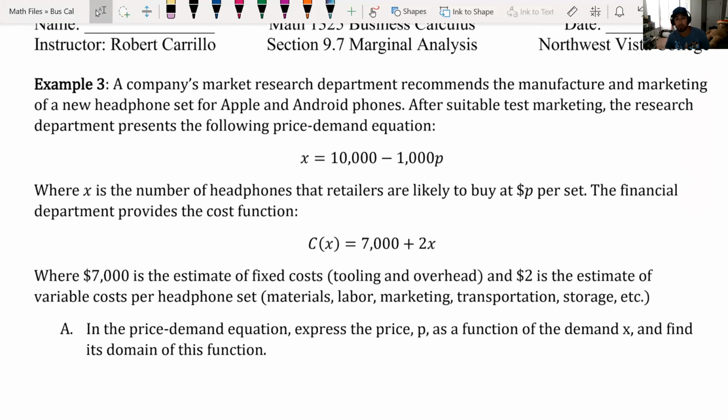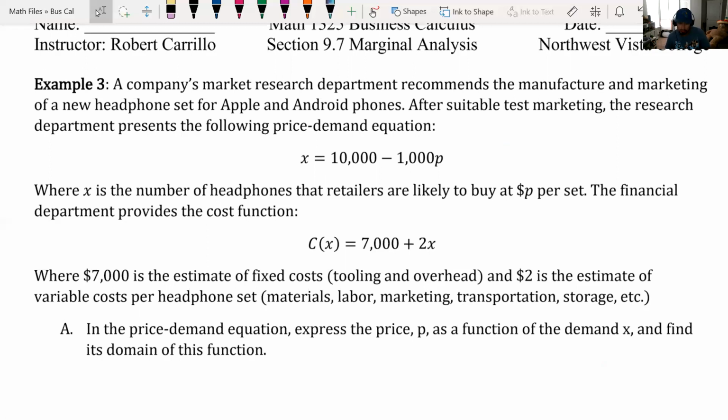X equals 10,000 minus 1,000P, where X is the number of headphones that retailers are likely to buy at price P per set. The financial department provides the cost function. C of X equals 7,000 plus 2X. 7,000 is your fixed cost, tooling and overhead, and $2 is the estimate of variable cost per headphone set. Materials, labor, marketing, transportation, all that lovely stuff.